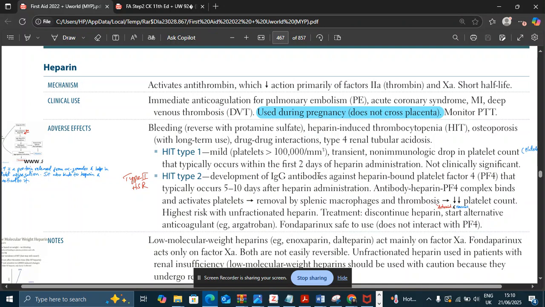Antithrombin deficiency can be inherited or acquired. If it is inherited, it is autosomal dominant. If it is acquired, it could be due to renal failure or nephrotic syndrome, in which antithrombin 3 is lost in the urine.